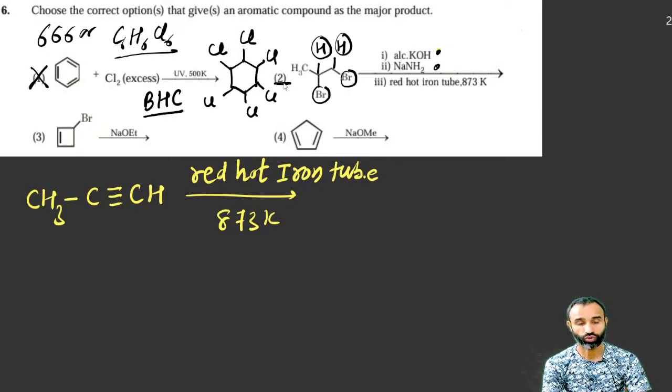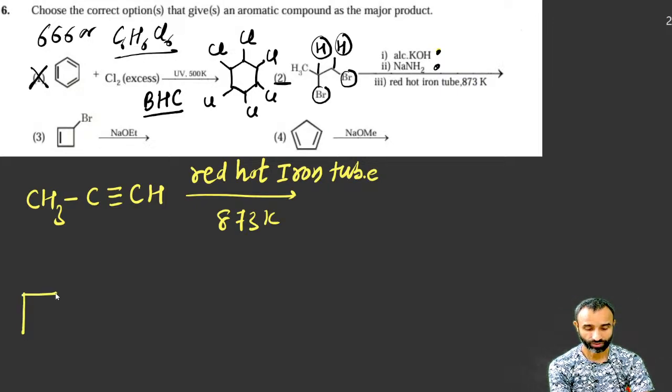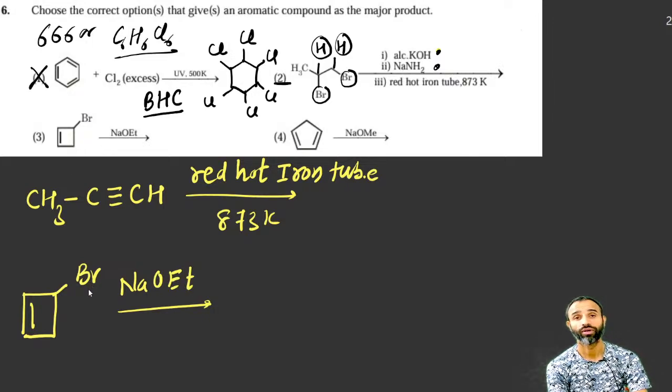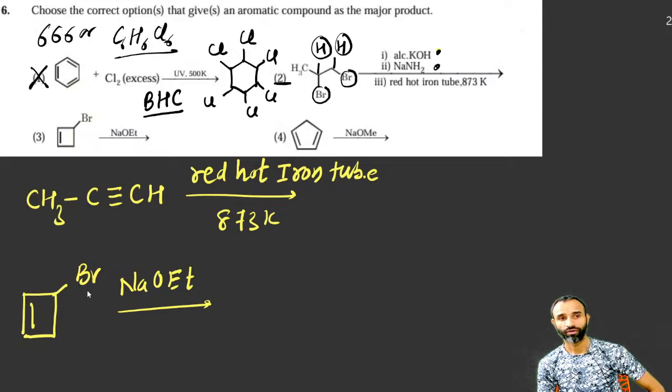Now come to third. In third case, this was Williamson ether synthesis, but instead of a primary aliphatic halide, we should have a primary halide, right? Here we have a secondary, so we should get 2 products.